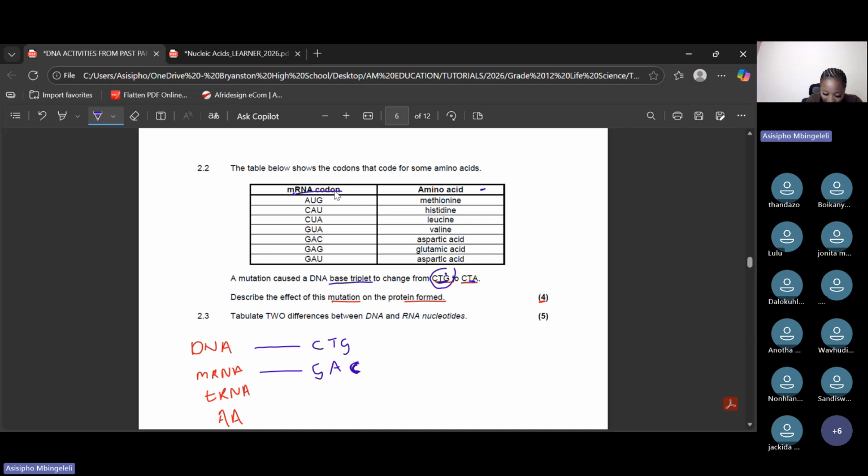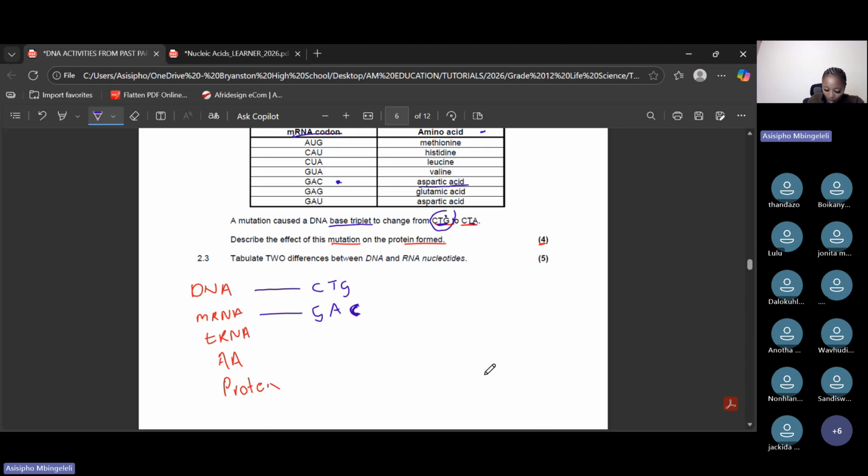So GAC, let's look for GAC. Where is it? There is GAC there. What is the name of the amino acid that is formed? Aspartic acid. We write it down. Like I said, we can skip transfer RNA or we can even write the bases of transfer RNA. I actually don't care. Let's write them. CUG.